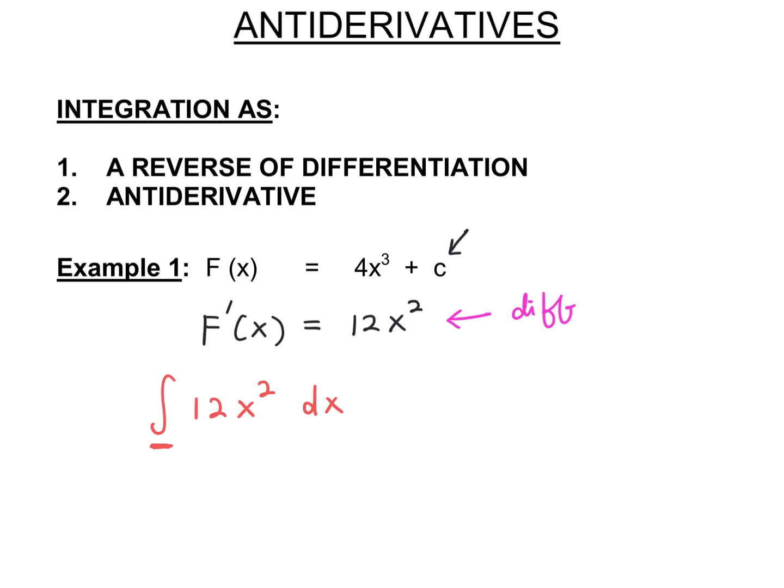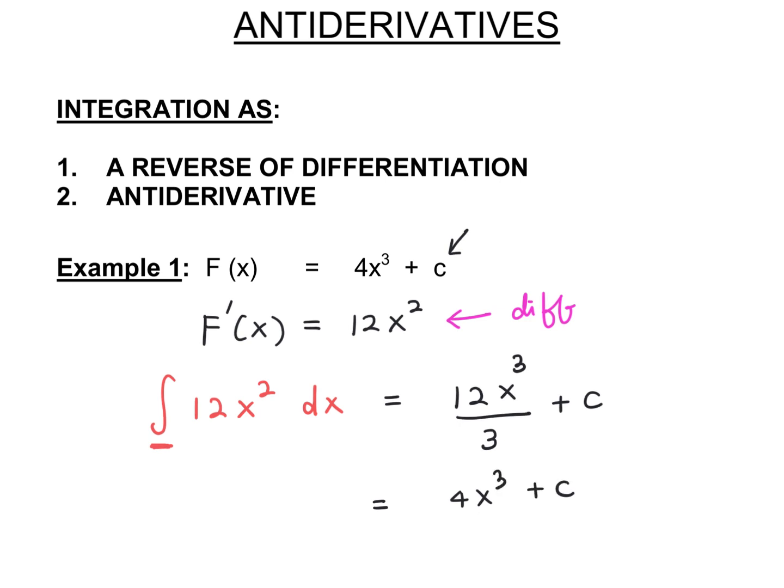So the integral of 12x squared dx will give you 12x to the power of 3. Noted, the rule is add 1 and divide by the new index. So 12x to the power of 3 over 3 plus c. Simplified, this will give you 4x to the power of 3 plus c.